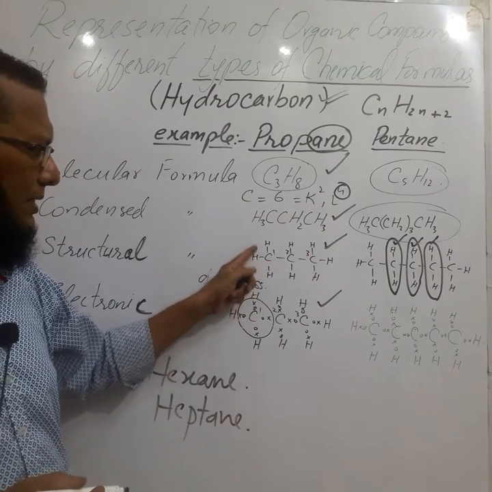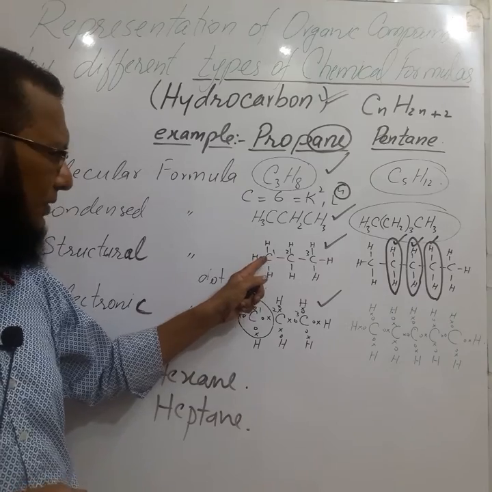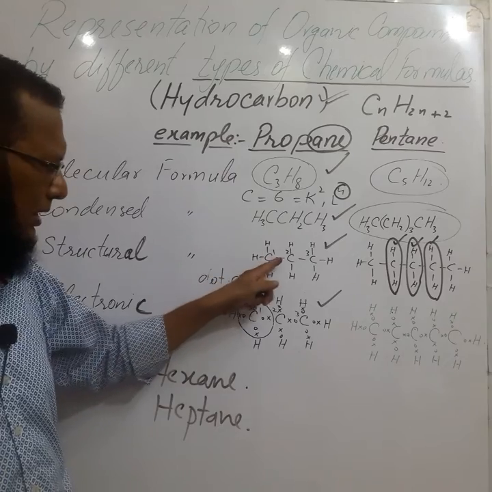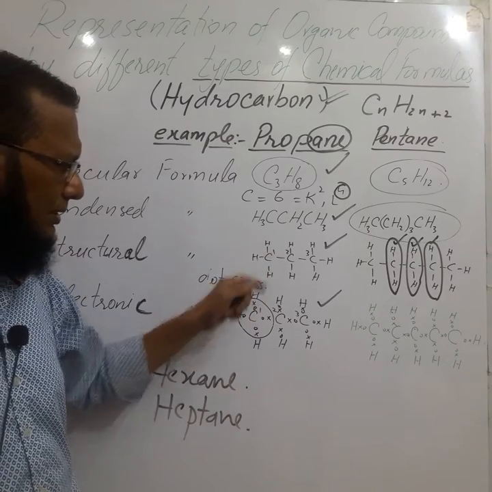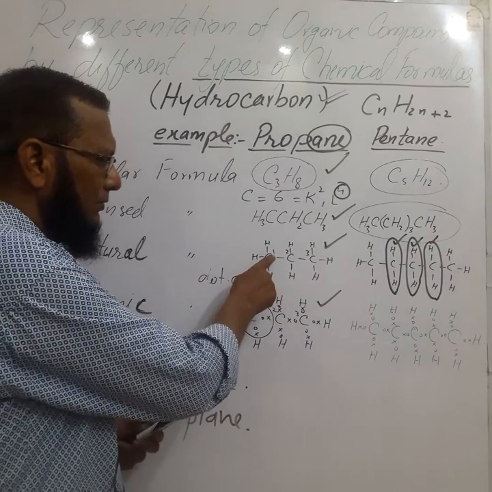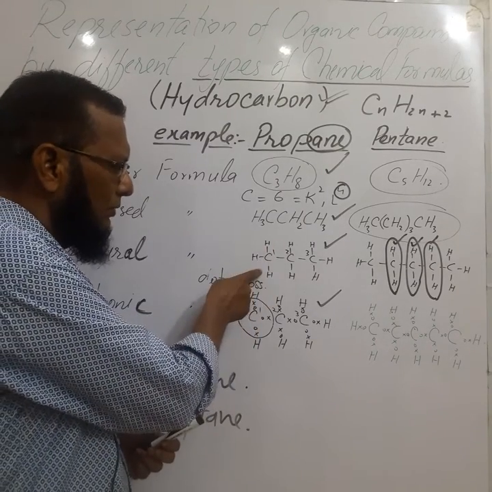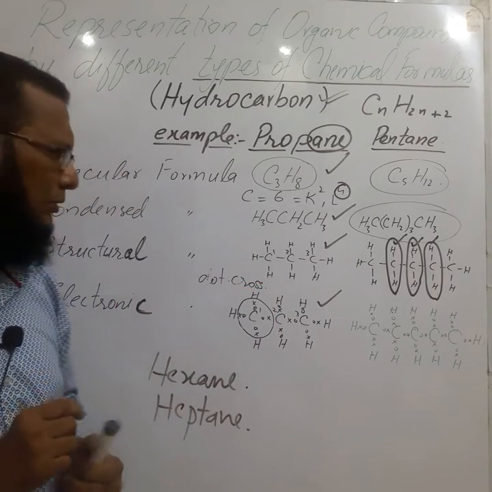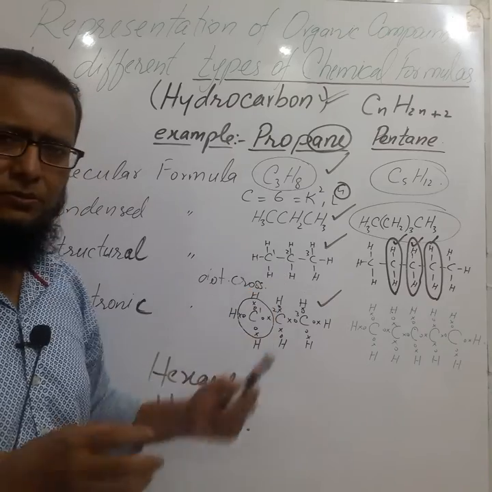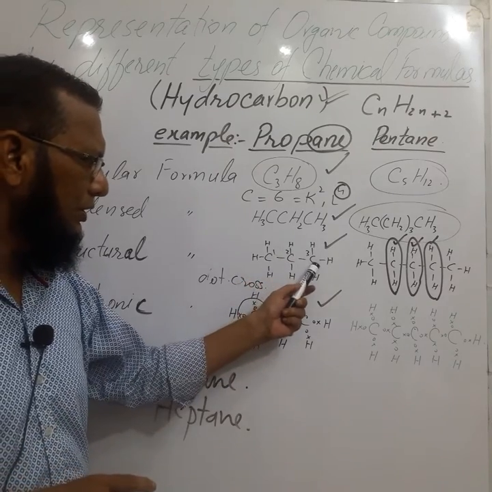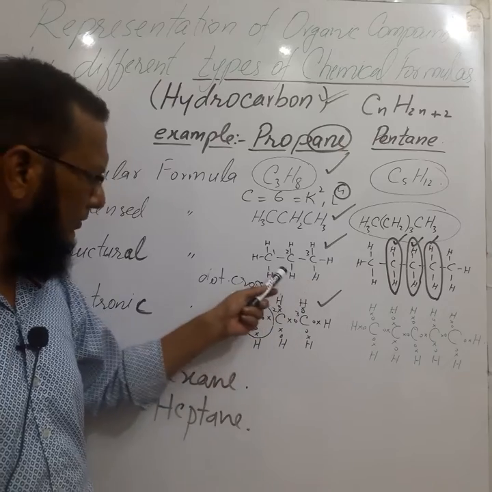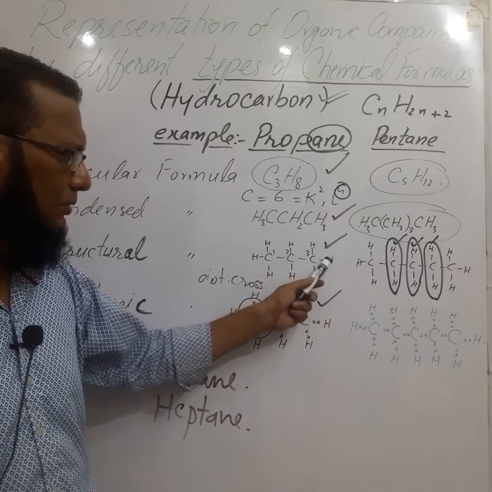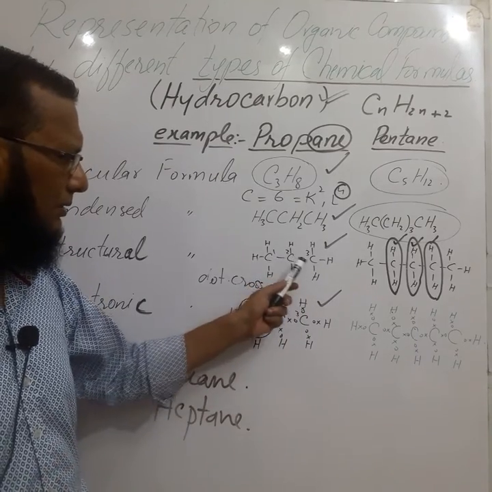Here the 4 valency of carbon number 1 is fulfilled by 3 hydrogens and 1 carbon, with single bonds. In the same manner, the middle carbon fulfills its 4 valency with 2 carbons and 2 hydrogens by single bonds. The last carbon has 3 single bonds with hydrogen and 1 with carbon.